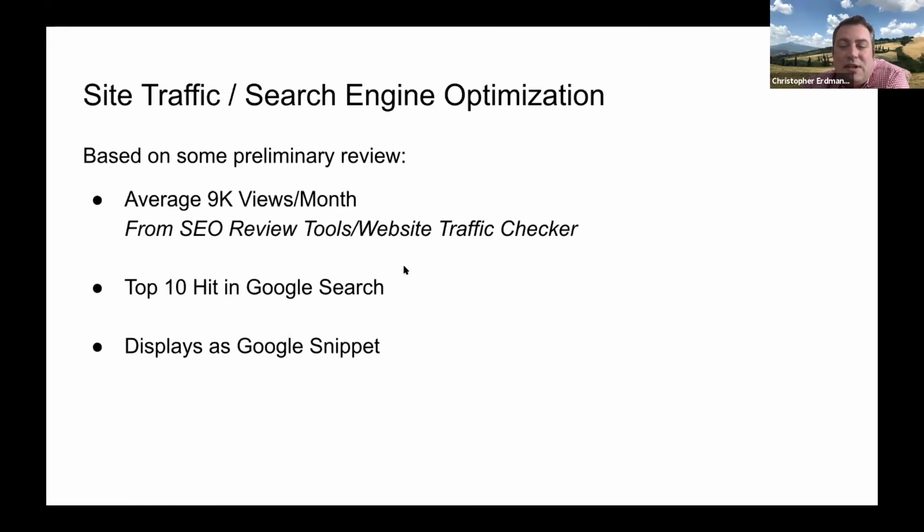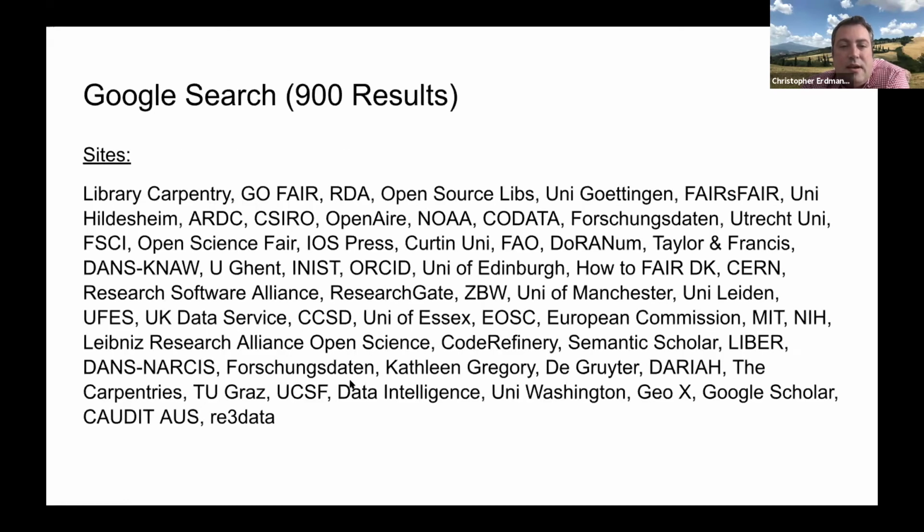So these are just a taste of things, to look at there and take them with a grain of salt. But another thing that's interesting is, within the 900 results on Google for the FAIR things, we really had all these sites, these organizations pointing to the FAIR things from various locations. So obviously that helps with search engine optimization when people across the world link to a resource.